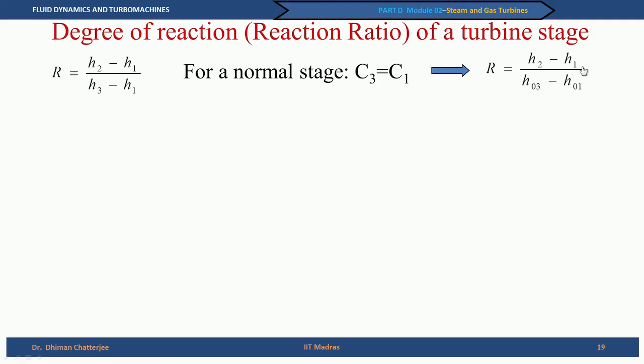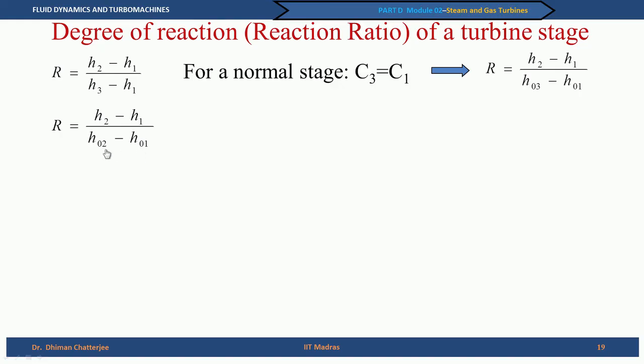And then we can write that R equal to H2 minus H1 whole divided by H03 minus H01. What we have done? We have written H03 as H3 plus C3 square by 2 and H01 as H1 plus C1 square by 2, and since C3 and C1 are same, H3 minus H1 is equal to H03 minus H01, and we can write R equal to H2 minus H1 by H02 minus H01.